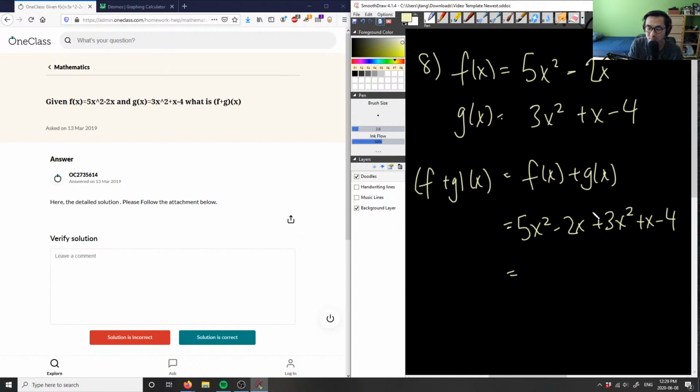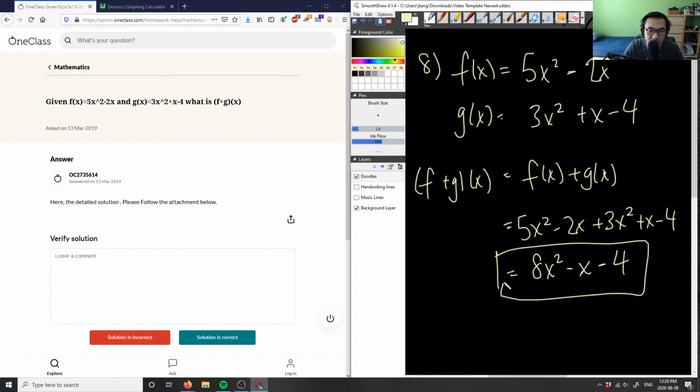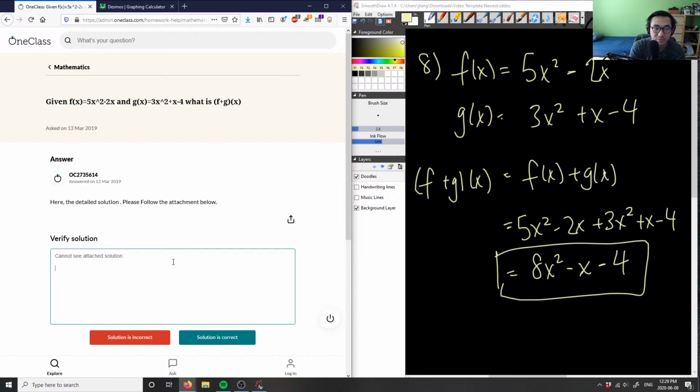So 5x squared plus 3x squared is going to give me 8x squared. Minus 2x plus x will give me just simply minus x. And then we're just left with negative 4. So this is our solution here. 8x squared minus x minus 4. Cannot see attached solution. And I guess I'll just write out my solution for this one.